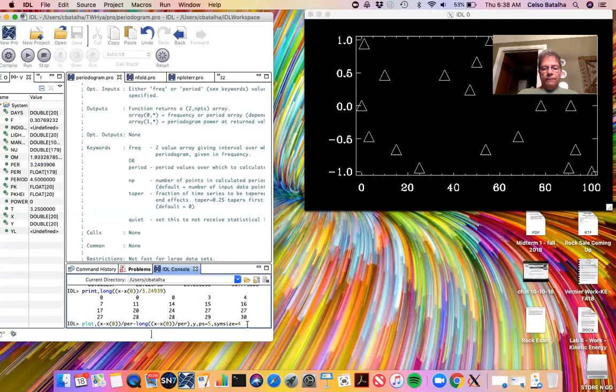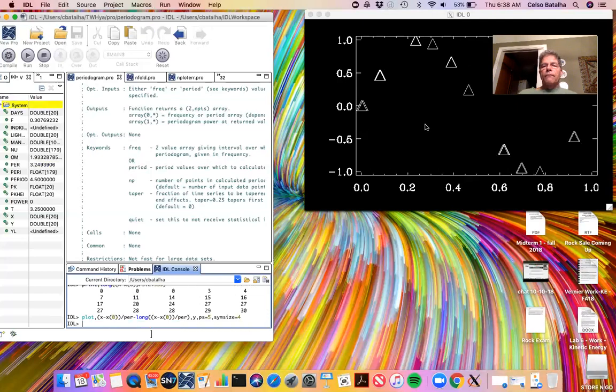Let's see what I got. Beautiful curve. So our perfect star's observations have been folded, or phase folded, as we say here.